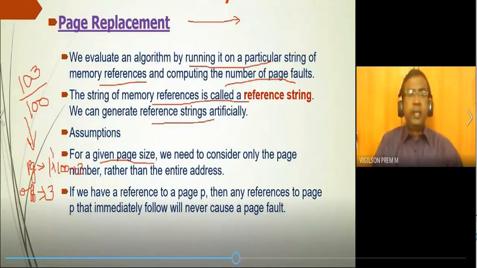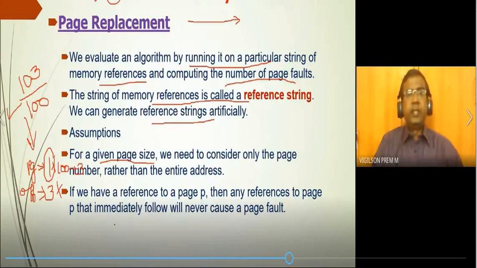Based on that, here I am going to consider only the page number and not the offset. Suppose the page reference is 513, I will consider only the page number 5 and not the offset 13. If it is 793, then I will consider only the page number 7. So here my references are 1, 5, and 7.